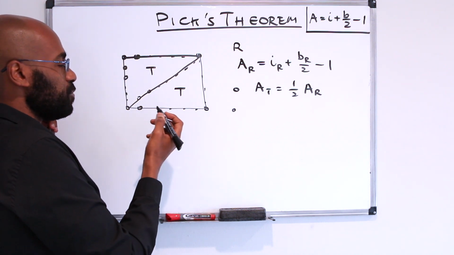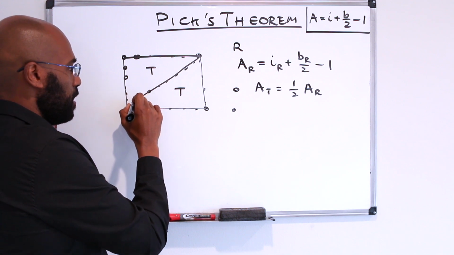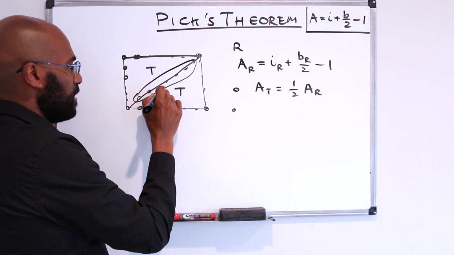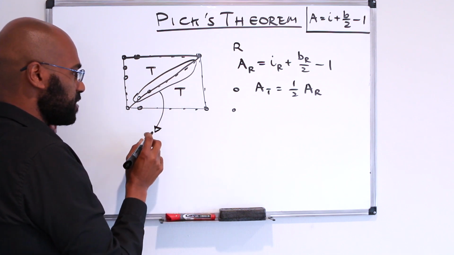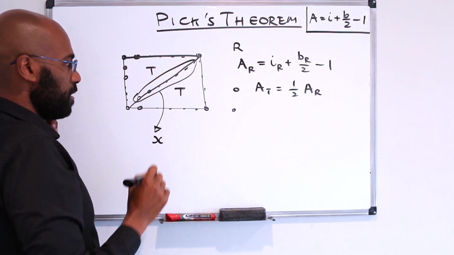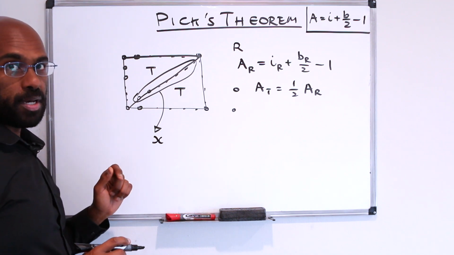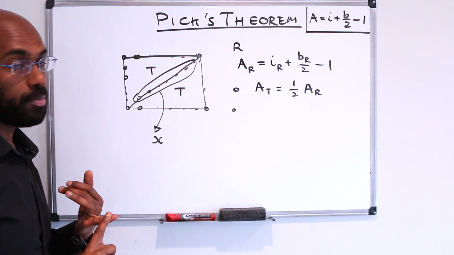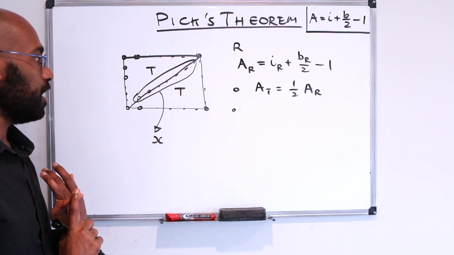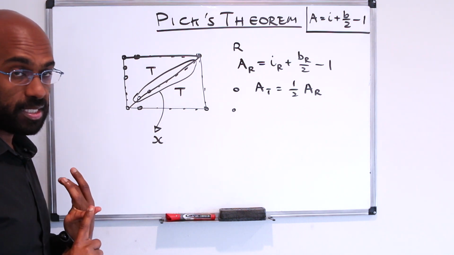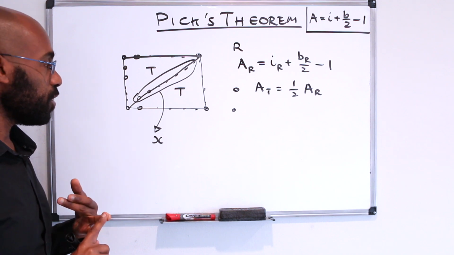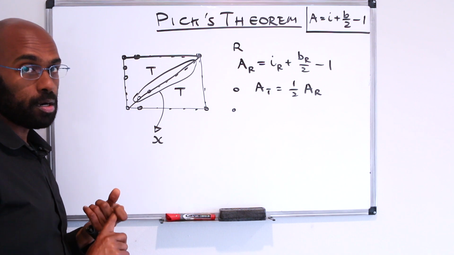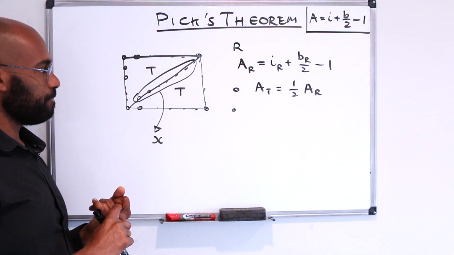So what we'll do is, since we don't know really what's going on, I'm going to take all of these points right over here and say that the number of them is some fixed number that I'm going to call x. I don't know how many points those are, but I'm just going to call them x. We know that they are involved somehow in the number of boundary points of the triangle T. And we also know that they're involved in the number of interior points of the rectangle R. So that'll come to benefit.